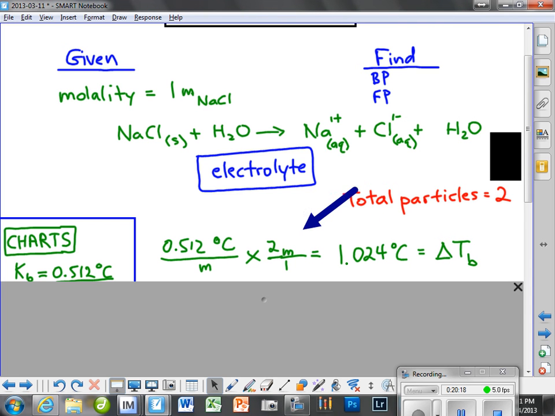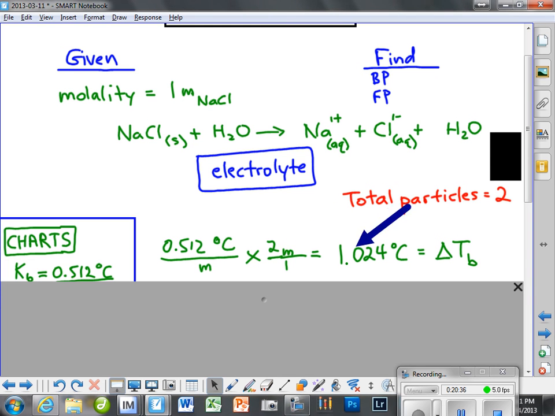So that multiplies the molality, whatever it is. In this case, the molality was 1. But because I get 2 for each molecule of solute, I have to make this a 2.